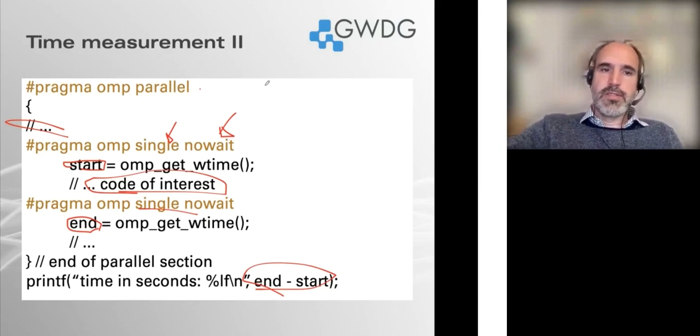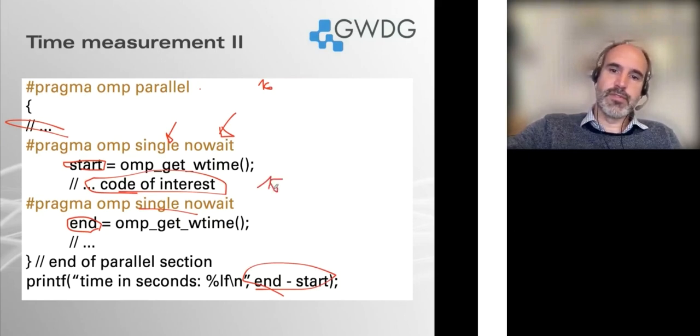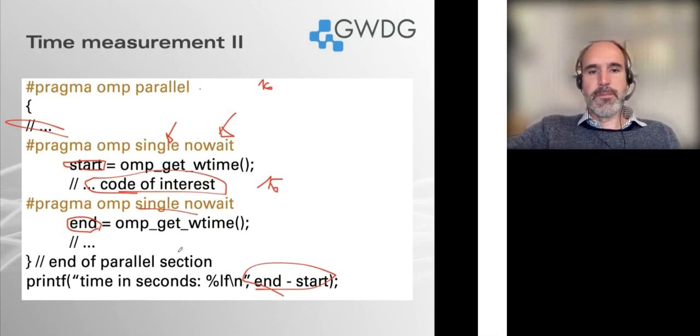Meaning, an example again: if you have 16 threads started up here in the parallel part, one thread would do this, and again 16 threads would actually do the code of interest here, because we didn't change anything of the parallel region in this code.